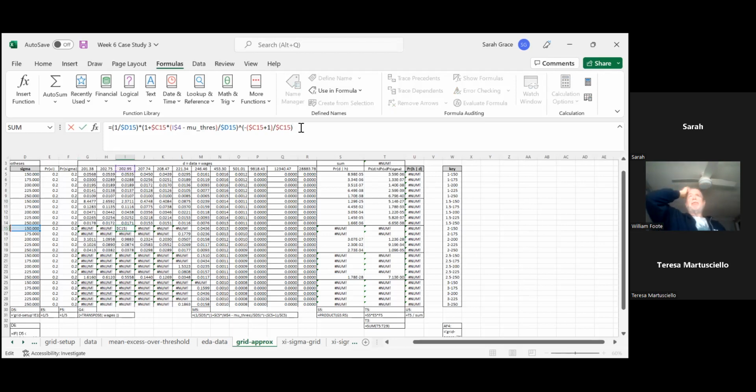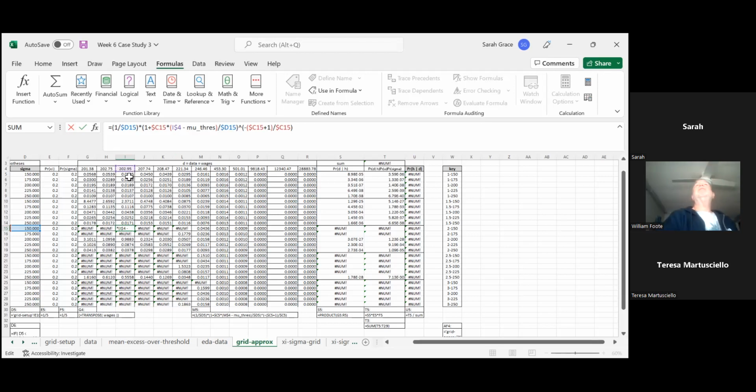Now, one of the interesting things here is that I think this should have been in the book, and if it wasn't, well, it's now here. That difference between, is that, what is that?